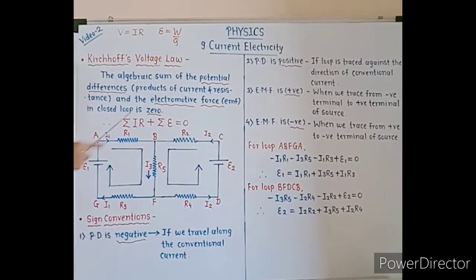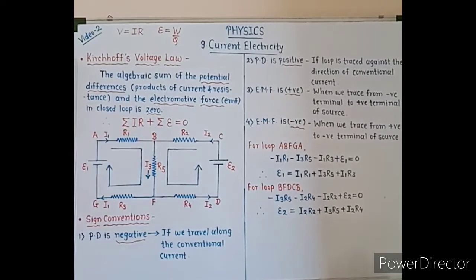E1 is the EMF of the first cell, E2 is the EMF of the second cell. I1 is the current flowing through resistance R1, I3 is the current flowing through resistance R5, and again I1 is the current flowing through resistance R3. In the second loop, I2 is the current flowing through resistance R2, I3 through R5, and again I2 is the current flowing through resistance R4.